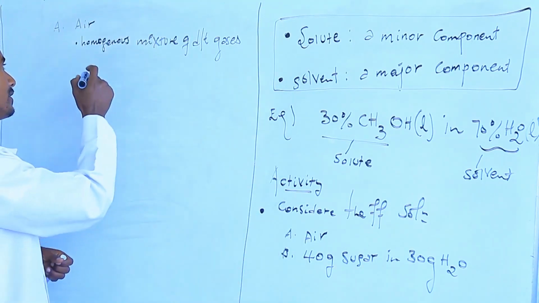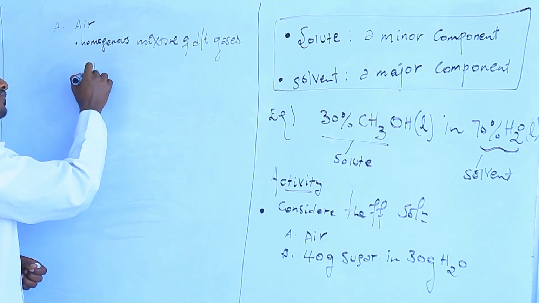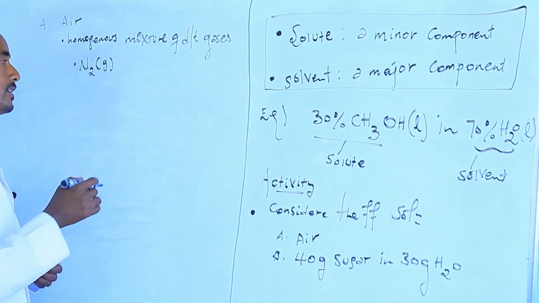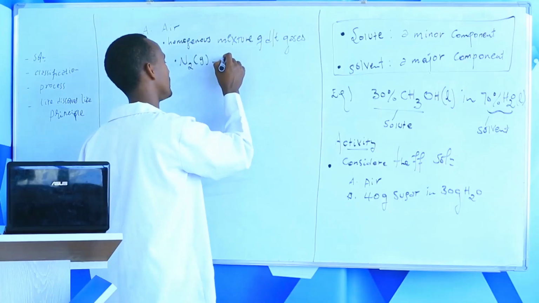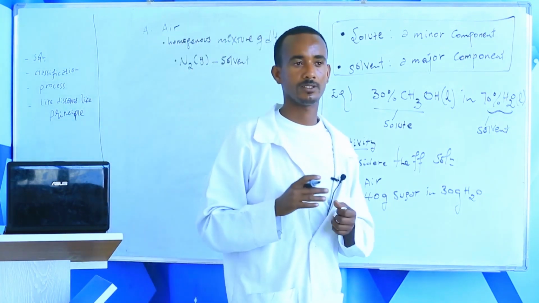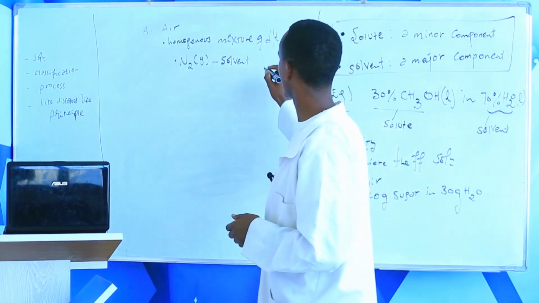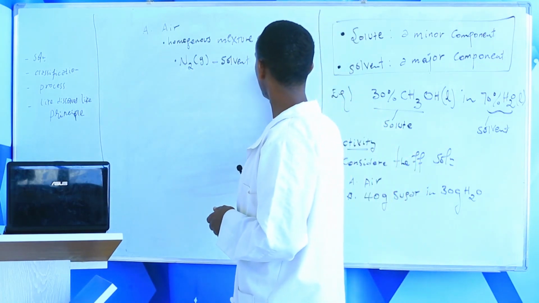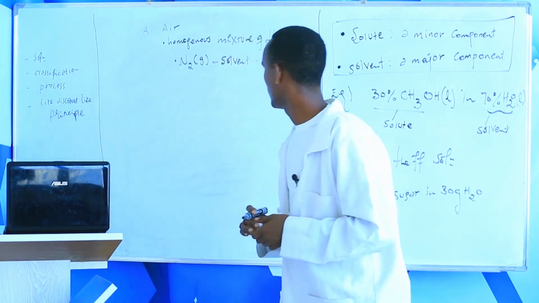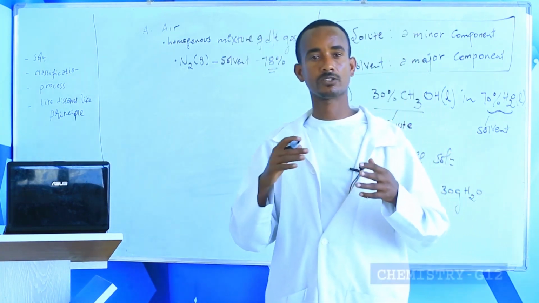So in this case, you know that nitrogen gas is a solvent. Why? What is the reason behind that? Because it's a major component. Because 78% of the environment is covered by nitrogen gas.